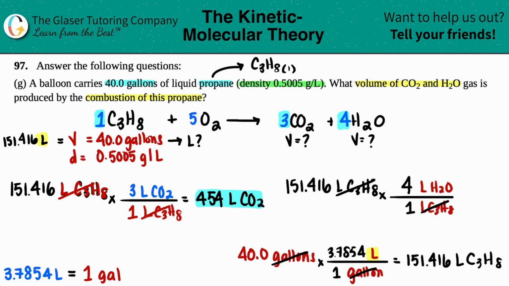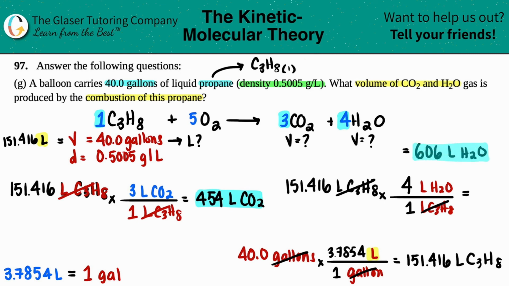These units cancel, and now you have a beautiful liter of H2O. So all you got to do is multiply it by 4 now. 151.416 times 4. And I guess I'll put the answer up top here. Technically, if we do this to 3 sig figs, it would be 606 liters of H2O. And that's it.